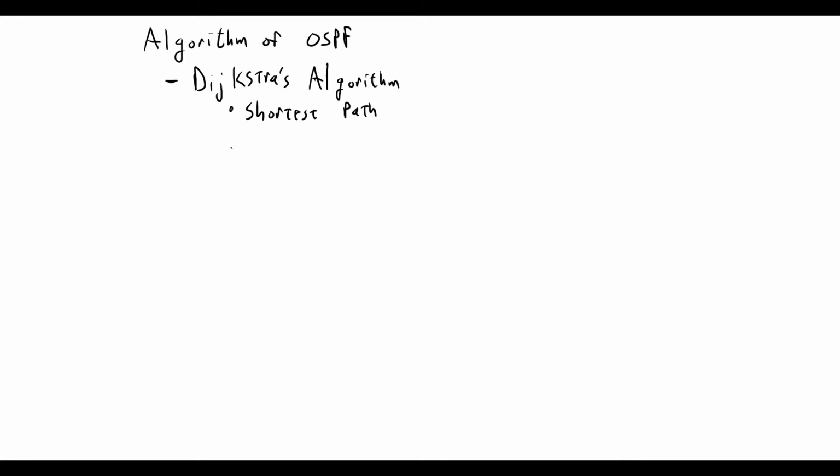Unlike RIP, there is actually an order to how Dijkstra's initiates. Or I should say more like, unlike distance vector, Dijkstra's follows an order.